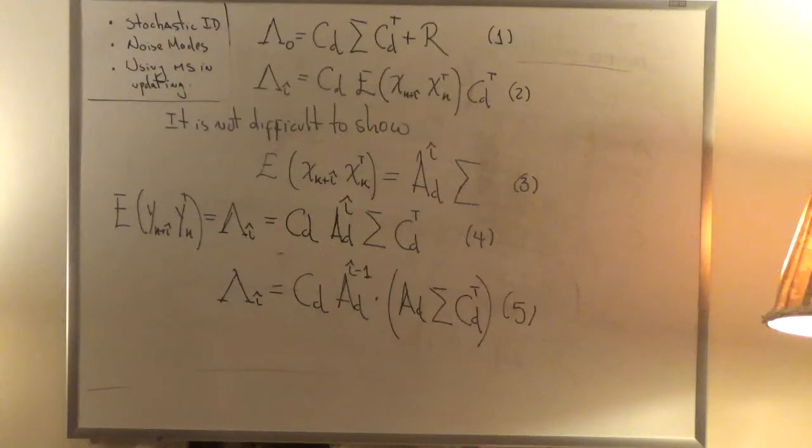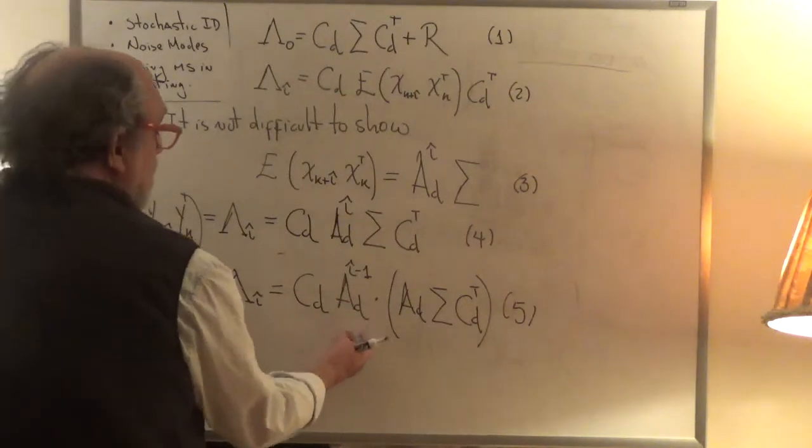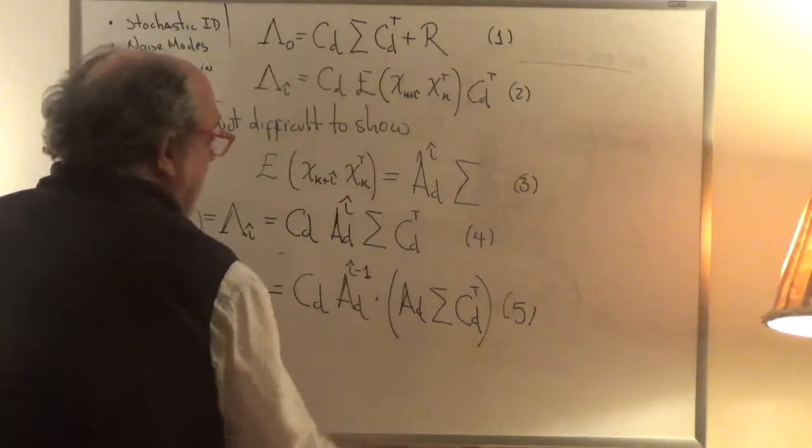Remember the formula for Markov parameters, right? The Markov parameters are equal to CD AD to the j minus 1 times BD.